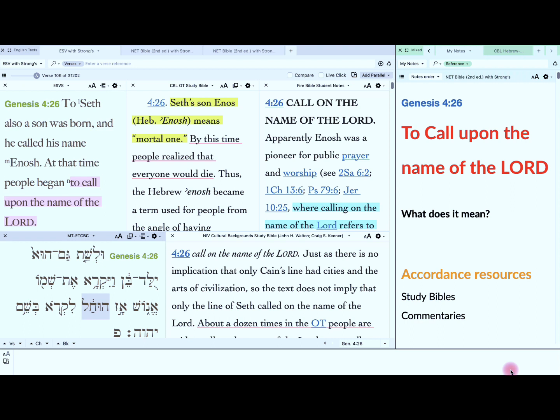And today's study is this phrase, which is found in Genesis 4:26. To call upon the name of the Lord. What does it mean? Right here I am in the Bible, in the Accordance Bible software. It's a user-friendly software. I like it.